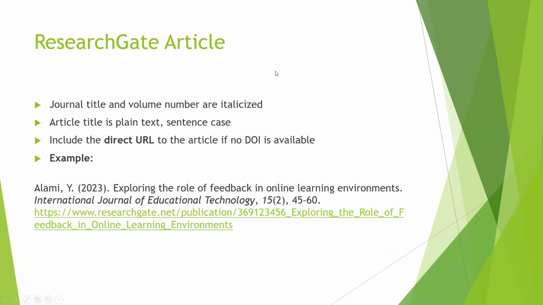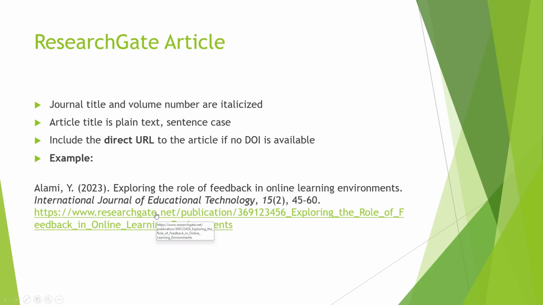ResearchGate has become very popular for students who are using that medium for finding really excellent articles. One thing that you need to be careful of, and notice this one follows the same rules that I showed you in the previous slide, except for the fact that this one doesn't have a DOI, and so therefore we provide the link.